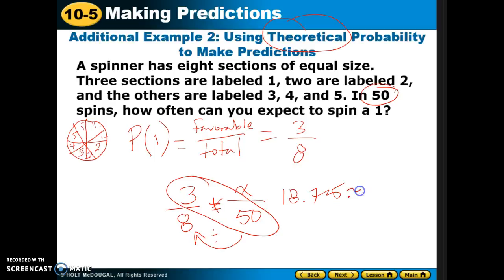So I would round up here to 19. I can expect about 19 times I land on 1. 19 times, I should say 19 times out of 50, I land on 1. So that's how we make predictions based on probability. Set up a little proportion, cross multiply, divide, you're all set.